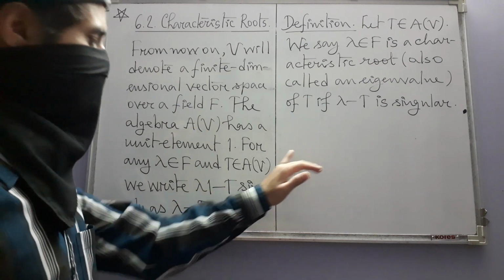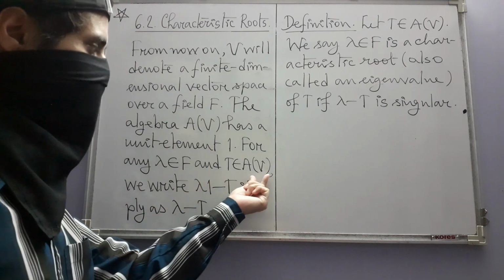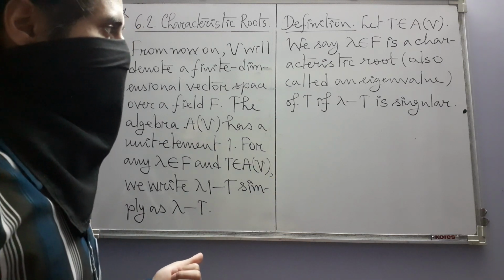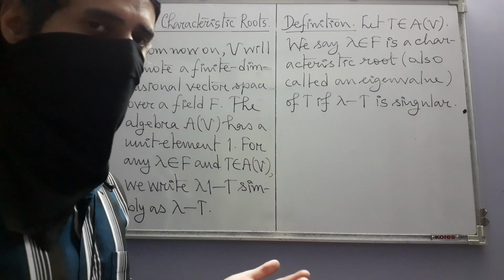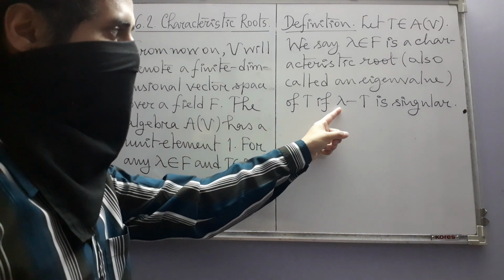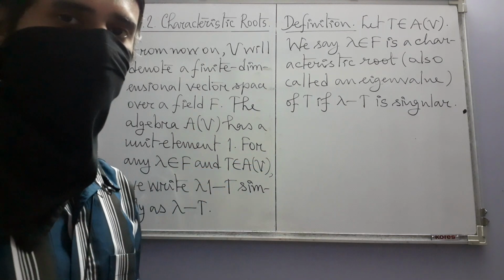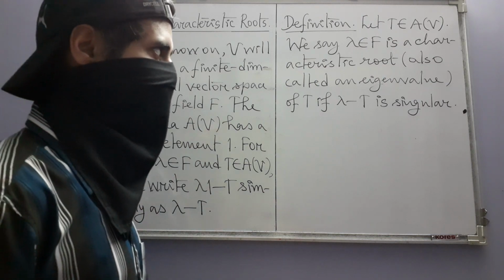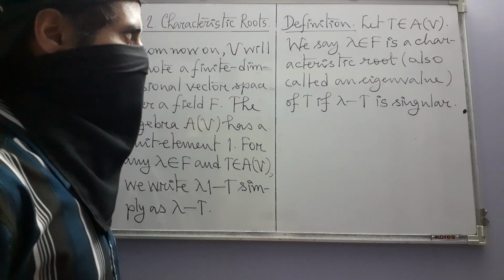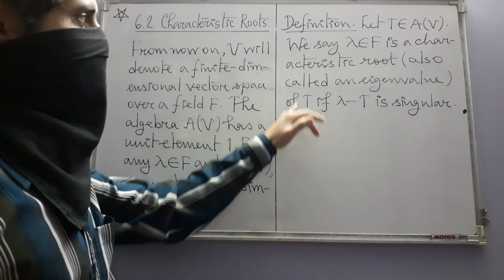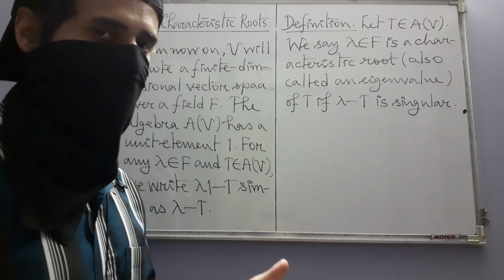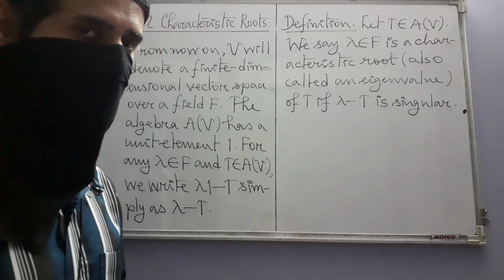We know that this operator is ultimately an element in our algebra, so it is either regular or singular. If it is singular, then we will call this scalar lambda a characteristic root of T. It's also called an eigenvalue, but we are not going to use this term in this text. Because it's a little cumbersome to keep writing characteristic root, I will just write CH root.